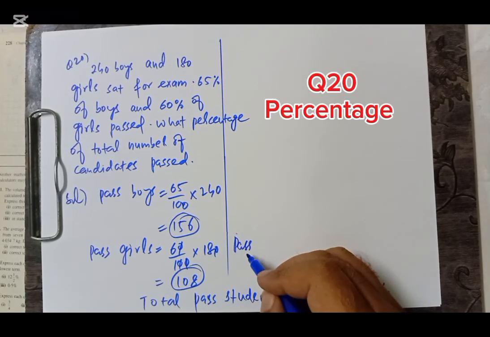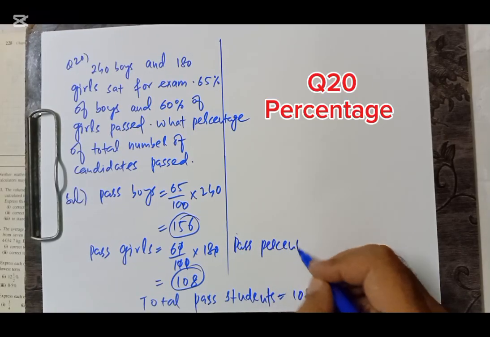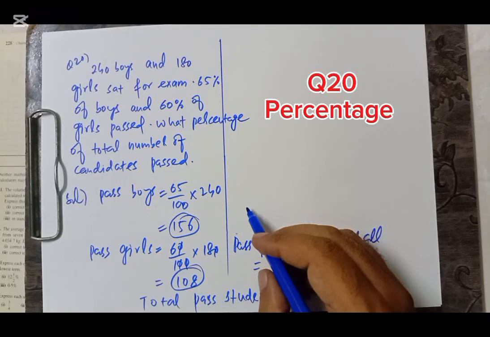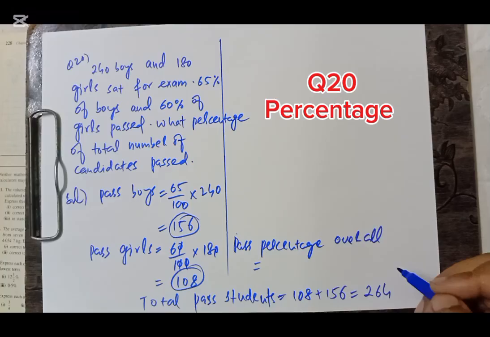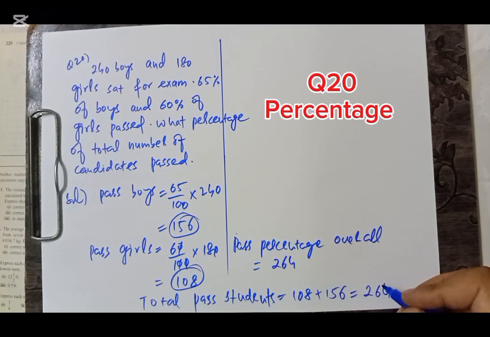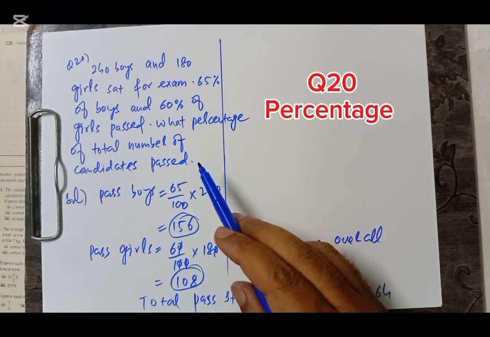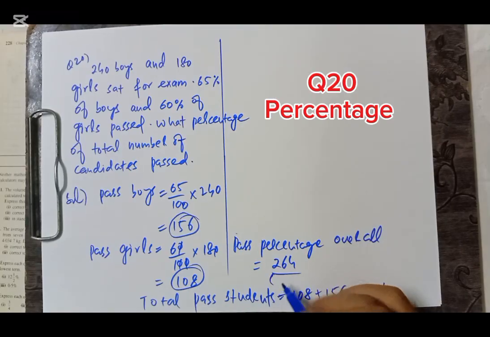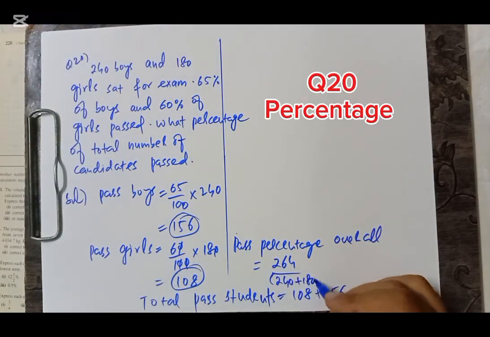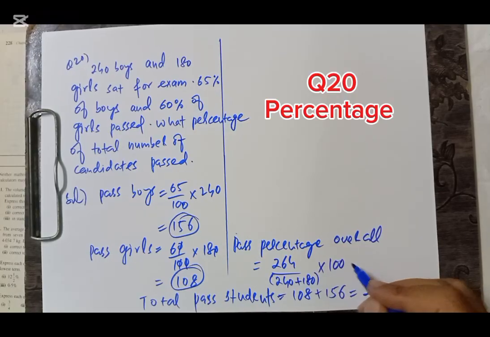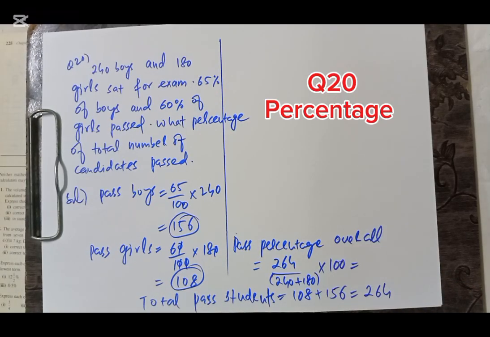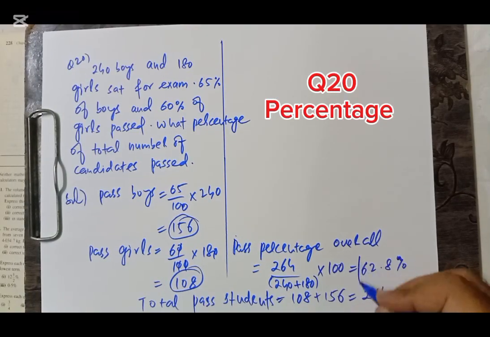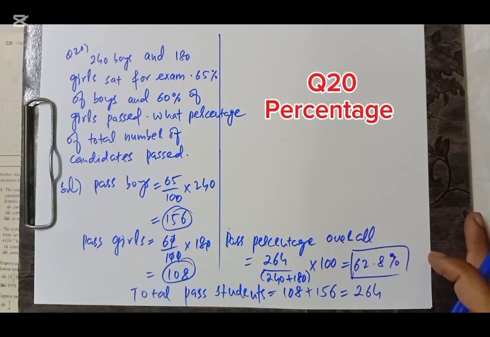So the overall pass percentage will be 264, which is the total number of pass students, divided by total number of students, that is 240 plus 180, multiplied by 100, which gives 62.8%. So overall 62.8% students have passed.